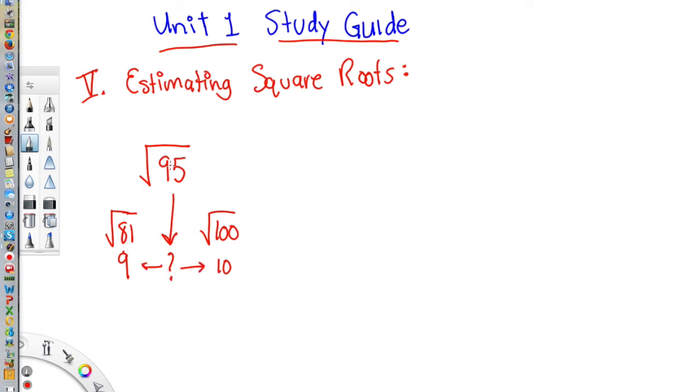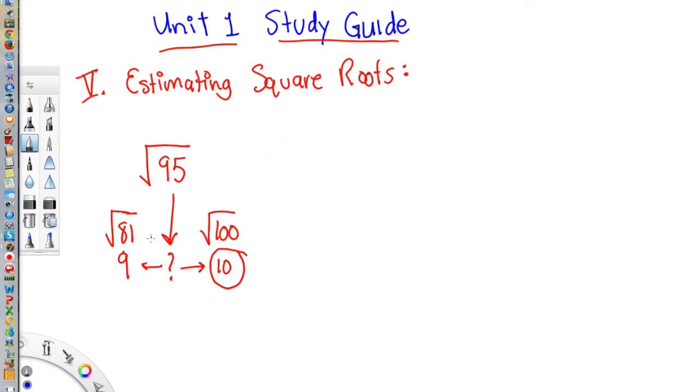And to be quite honest, 95 is closer to 100 than 81, so I would have to say that the square root of 95 is approximately 10 if I was going to the closest whole number. But if I want to find it to the nearest hundredth, I have to do a little more work. There's another step.